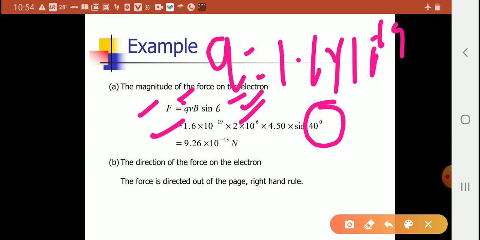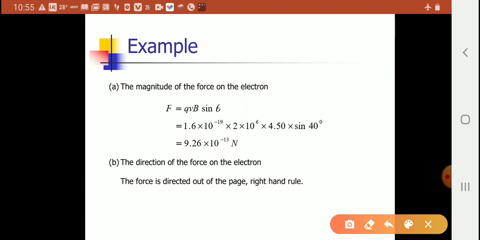So we calculate the value of this formula F equal to QvB sin theta. So it is 9.26 into 10 to the power minus 13 newtons.